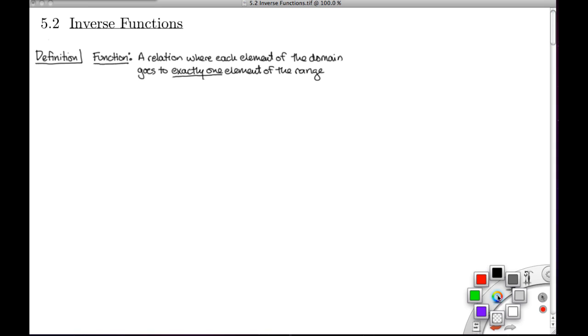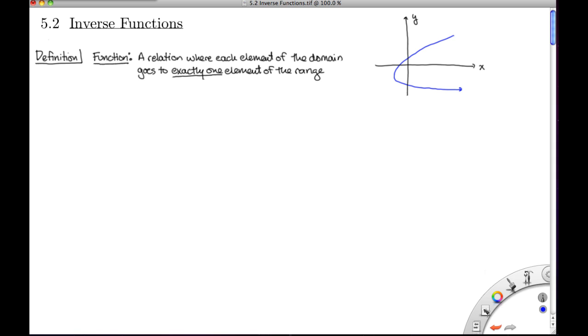We could take a look at this by looking at a quick sketch of a graph and see why we could run into trouble if this isn't the case. So let's say we've got an x and y axis, and we'll just sketch a little curve here, maybe something like this. Kind of looks like a sideways parabola.